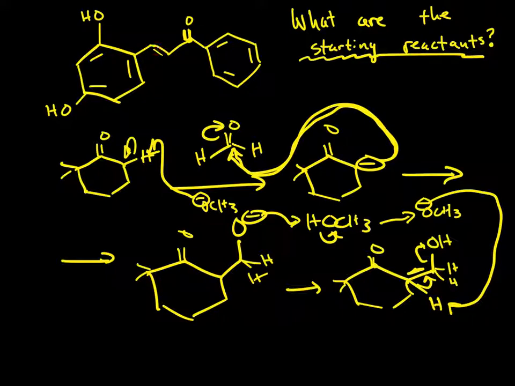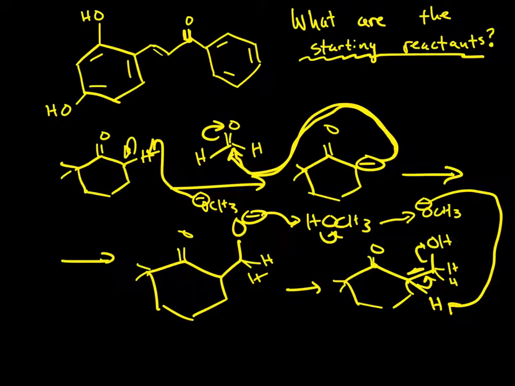There's our pi bond formation, just like we had down here, right? So we had a carbonyl, hit a carbon, there's our double bond. Okay, carbonyl, hit a carbon, there's our double bond. So we know that the last carbon with that pi bond is going to have our OH group, right? It's going to have our C double bond O.